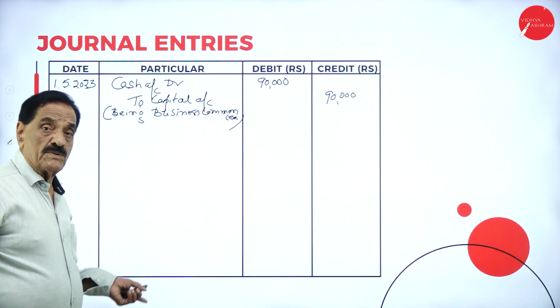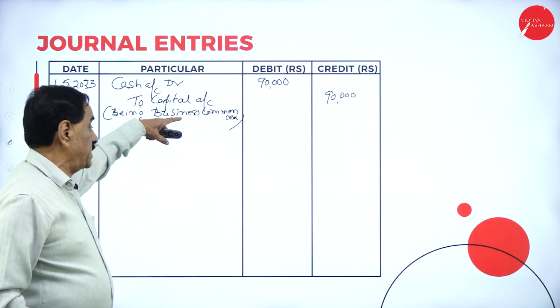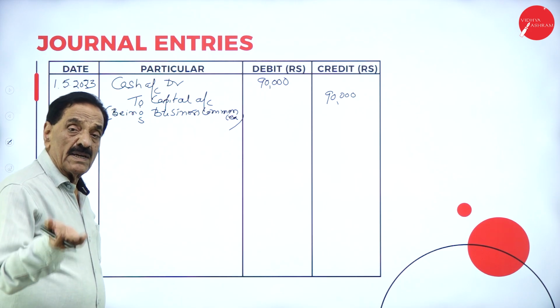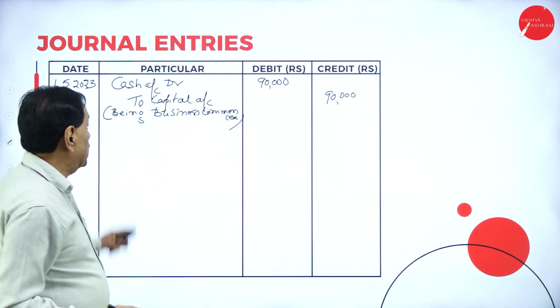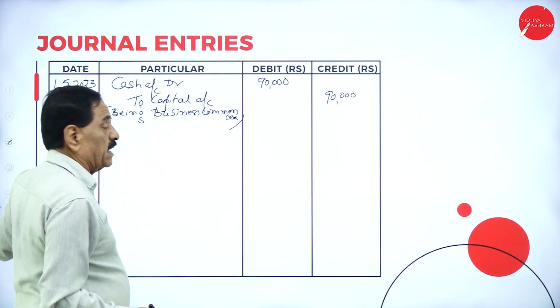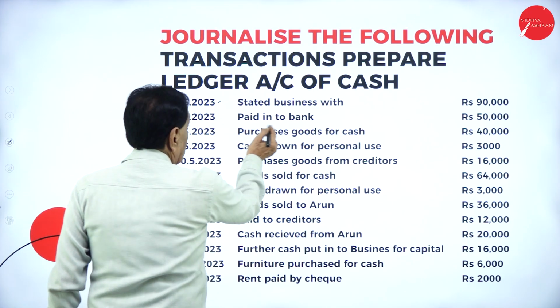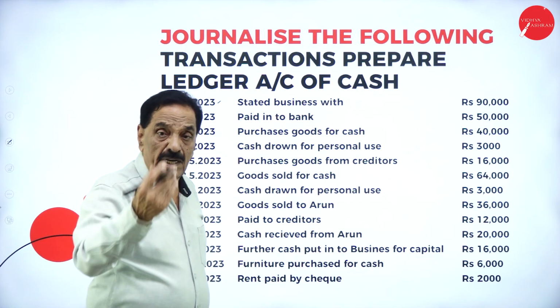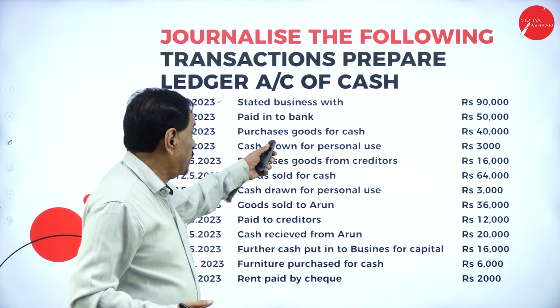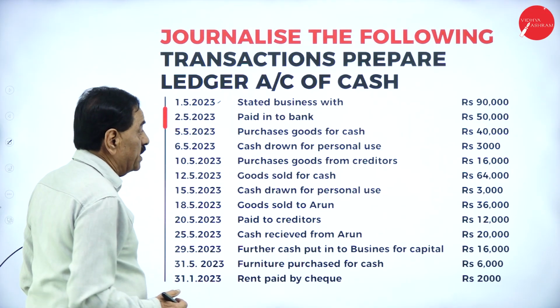So debit what comes in. Cash is coming in for the sake of capital, which is a personal account. Debit the receiver, credit the giver. What's the entry? Cash account debit to capital account. What's the next one? This one is over. Paid into bank. You are putting the money into the bank, cash is going out. Who is the receiver? Banker. On which day? 2/5.